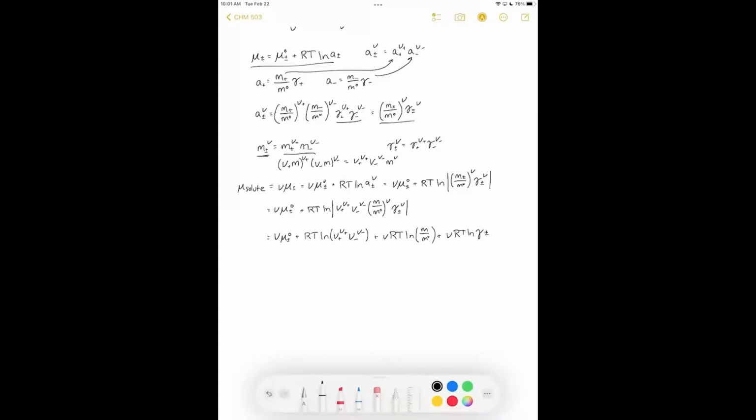So what do we have here? We have 4 terms in this equation.